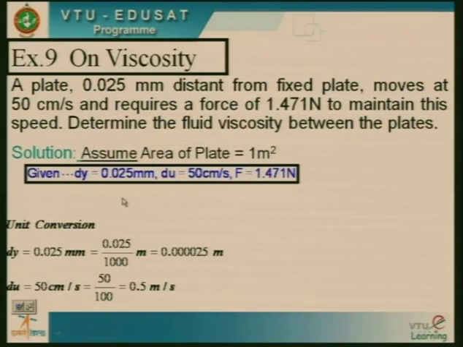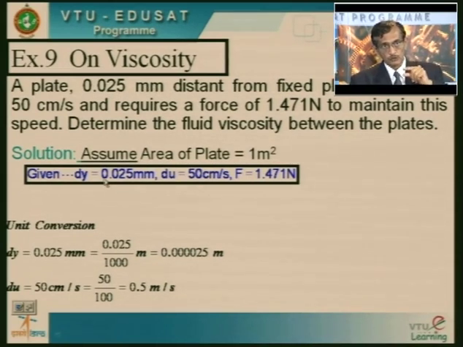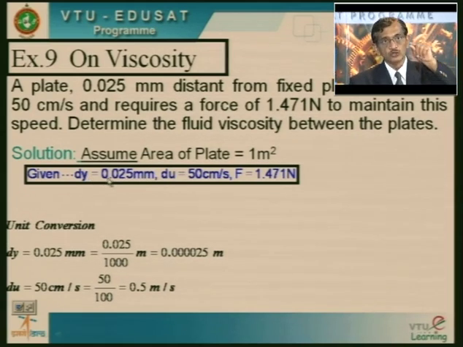Now, first of all, as I mentioned, area is not given for the plate, we assume area of the plate as 1 meter square. Number 2, given is the spacing between the plate, the oil film. It is very small. You can see it is hardly 0.025 mm. So note down dy is equal to 0.025 mm.